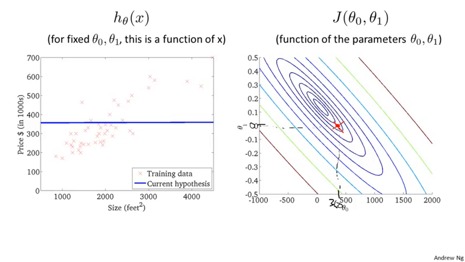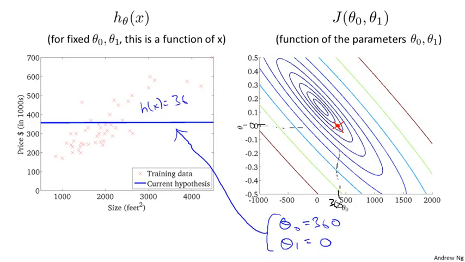So, let's write that out: theta 0 equals 360, theta 1 equals 0. And this pair of parameters corresponds to that hypothesis, a flat line. This is h of x equals 360 plus 0 times x. And this hypothesis, again, has some cost, plotted as the height of the j function at that point.